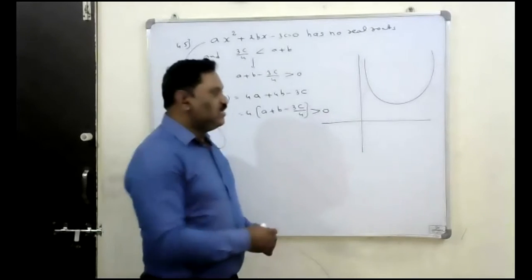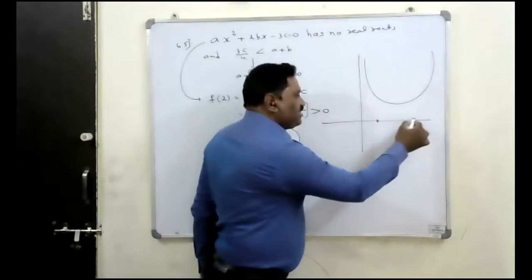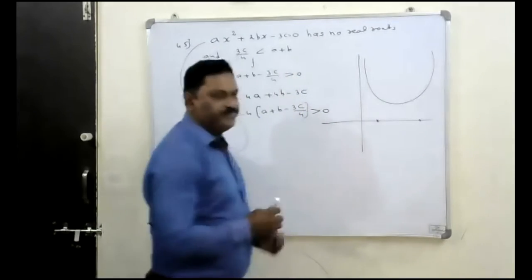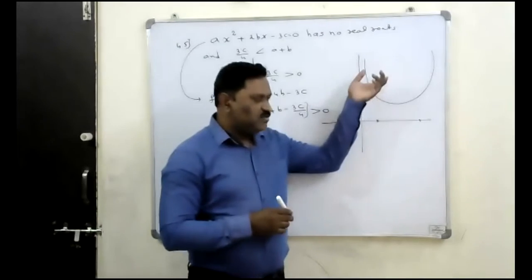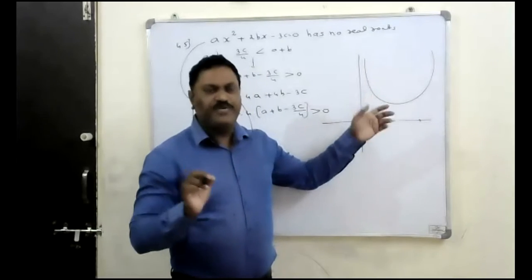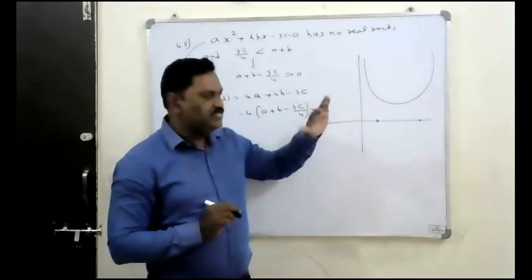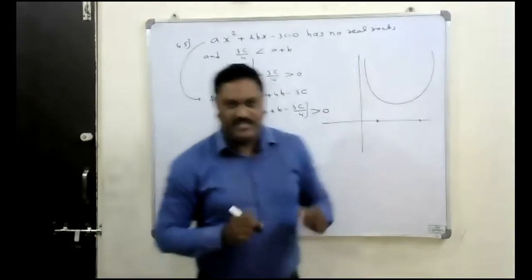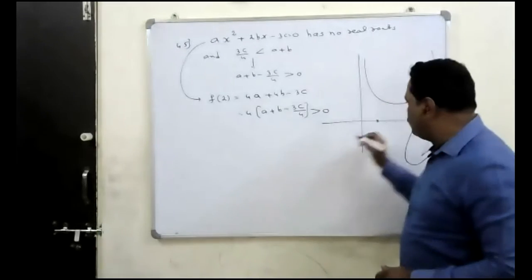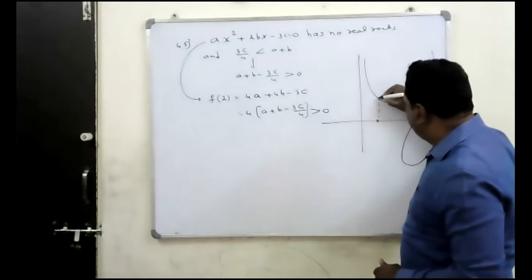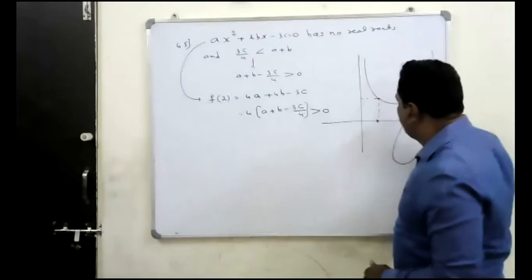Root means the point where the curve meets the x-axis. But it will not have any real root, so it is not going to meet the x-axis, lying completely above it. Why? Because when x is equal to 2, f of 2 is a positive value.